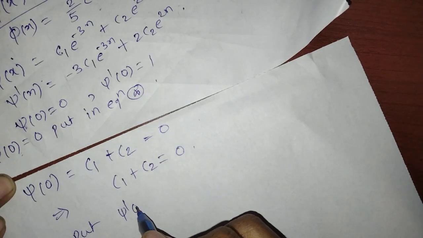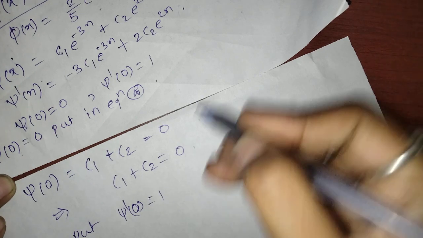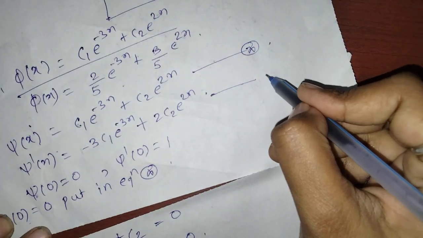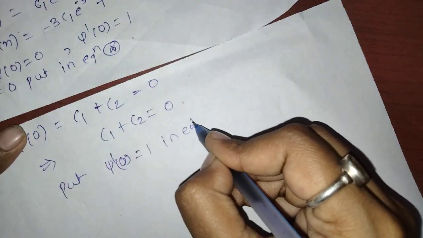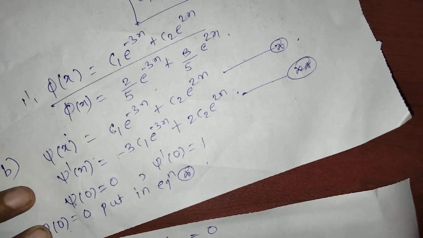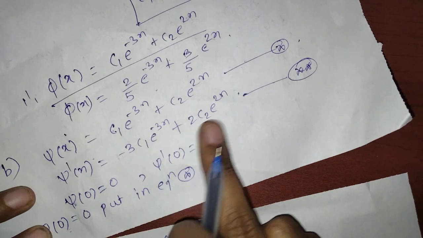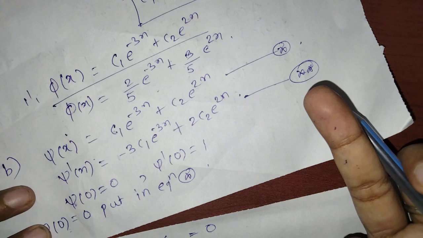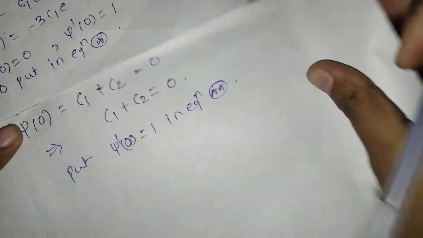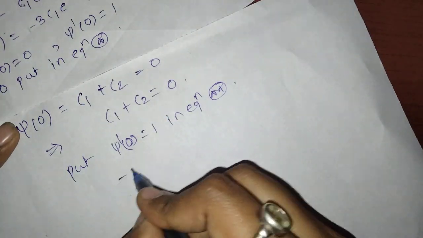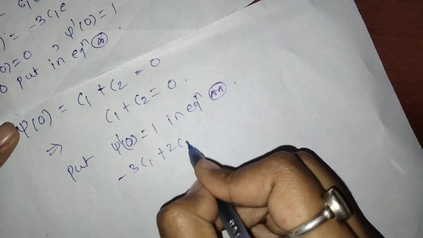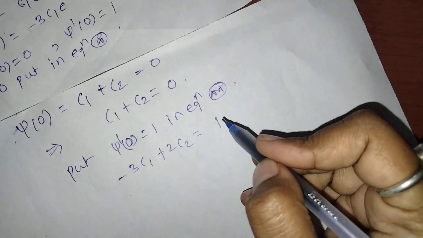Now put psi'(0) = 1 in equation double star. So psi'(0) = -3c1 + 2c2, because e^0 is always 1. So -3c1 + 2c2 = 1.